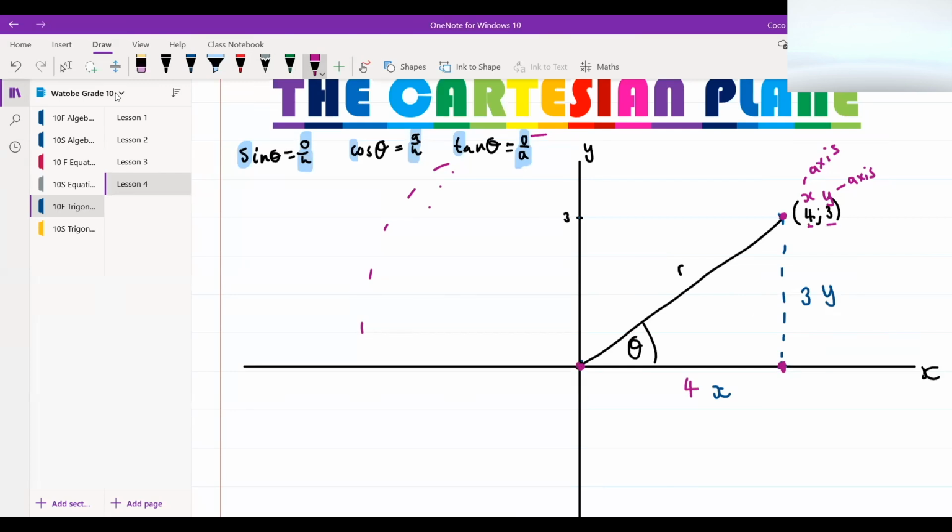That's why I took the value of my X coordinate and put it down here, and the value of my Y coordinate and put it over here. Does that make sense? If we're still confused, I'm going to park it here and come back to it on Monday.